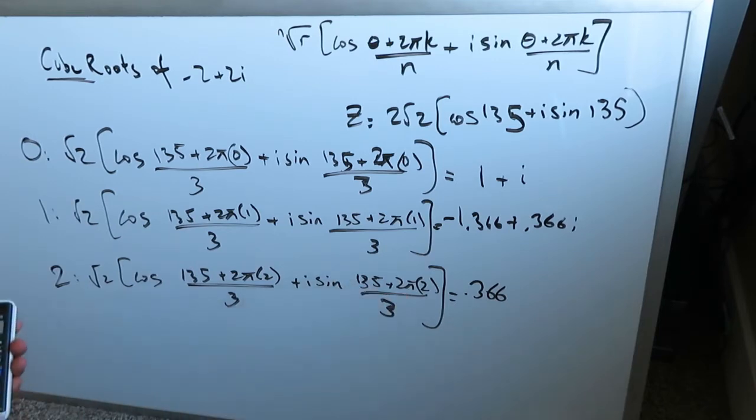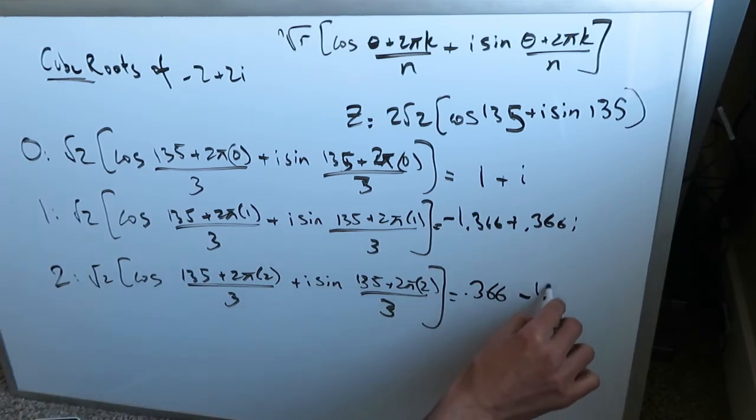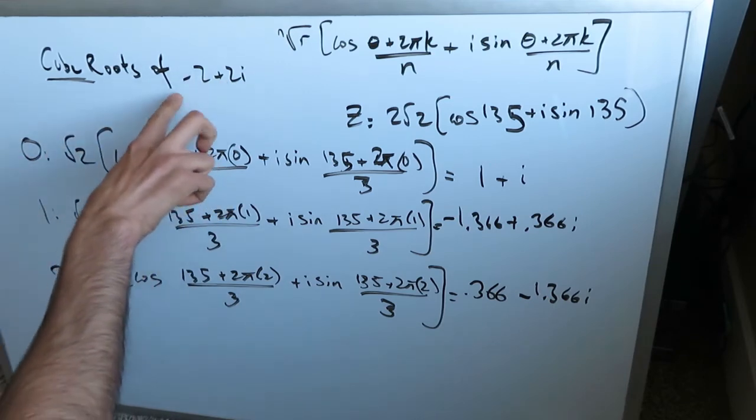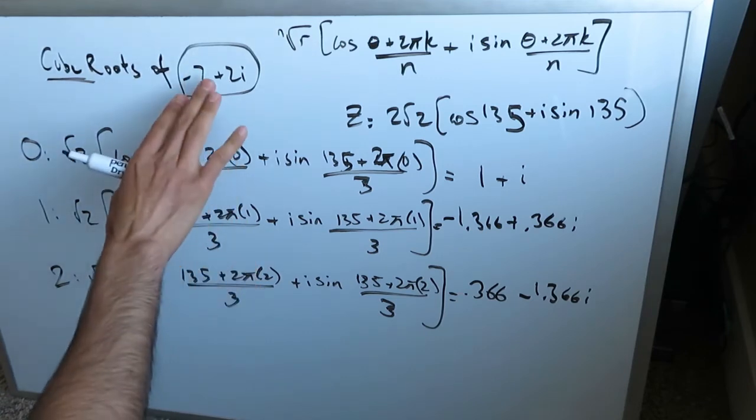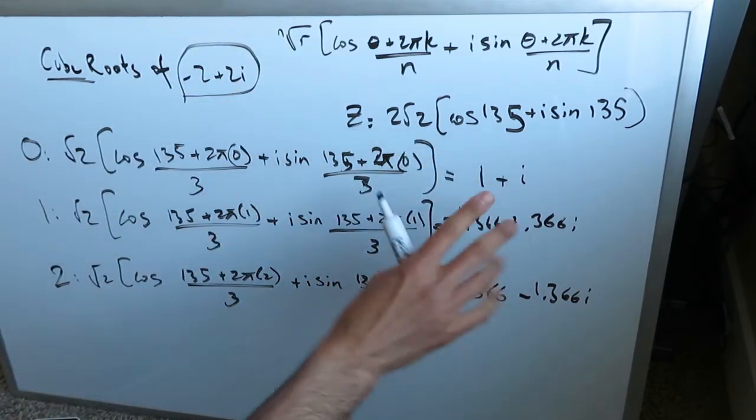Let's look over here. 135 plus 720 divided by 3, sine that, multiply that by your memory recall value, you get minus 1.366i. So those are our 3 cube roots of this complex number right here, minus 2 plus 2i. It's a complex number but not in polar form. But these are our answers.